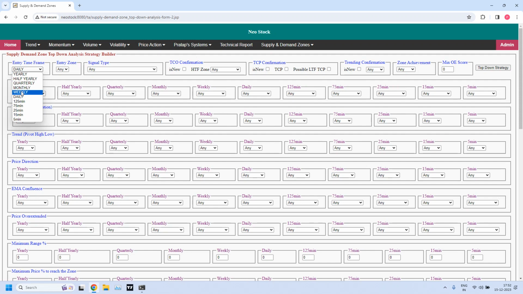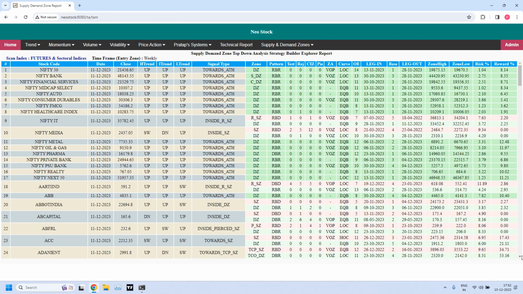So entry time frame is weekly. I am generating the complete list of demand and supply zones for all the weekly stocks. So I will keep on scrolling this list. Whichever the stock you want to refer there, you please pause the video.